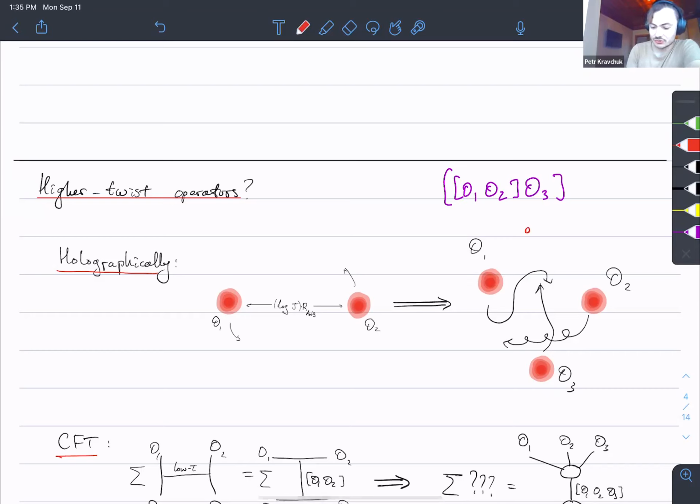you can predict that in terms of AdS blobs, it should look like we have two blobs relatively close to each other, which are O1 and O2, and maybe orbiting. And then there is a blob far away, which is O3, which orbits these two. And we have some sort of orbit like this.